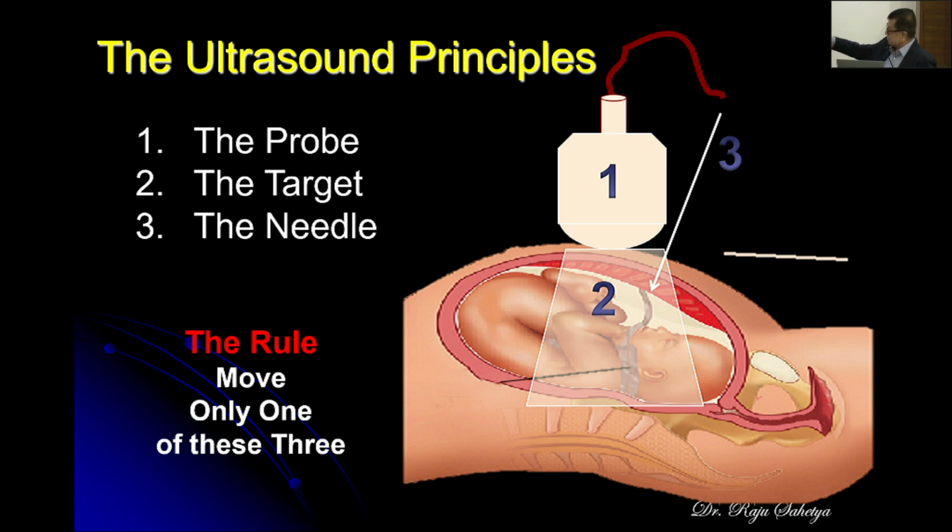If you are seeing this way, the rule is 2 will remain static, only 1 will move. Just imagine if you are moving the needle and the transducer, what will happen? So the probe and the target are constant, and the needle will move like a dart. Absolutely, you will say, oh, it's like that.